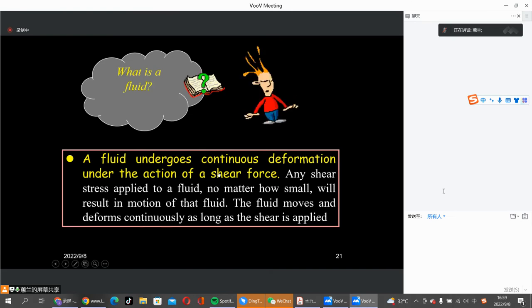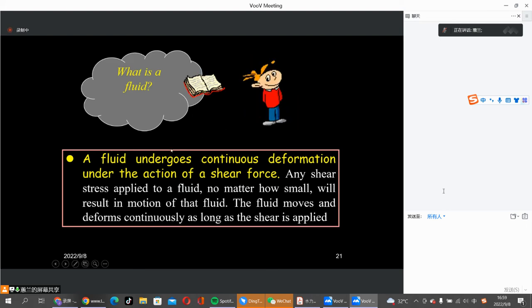So accordingly, when we ask what a fluid is, we say a fluid undergoes continuous deformation under the action of a shear force. Or we can say, no matter how small the shear stress is, the fluid will continuously deform. This is the definition of a fluid.